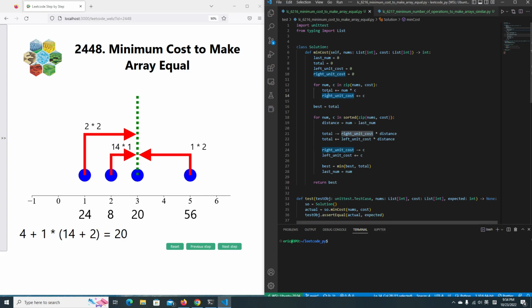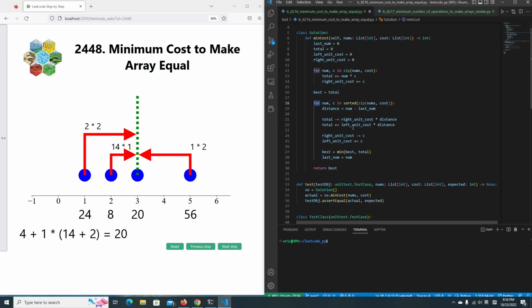And the initial right unit cost will be the cost of all the blue dots, because our first line is here, right? So the right unit cost will be all of them. Okay, let's go to the for loop.